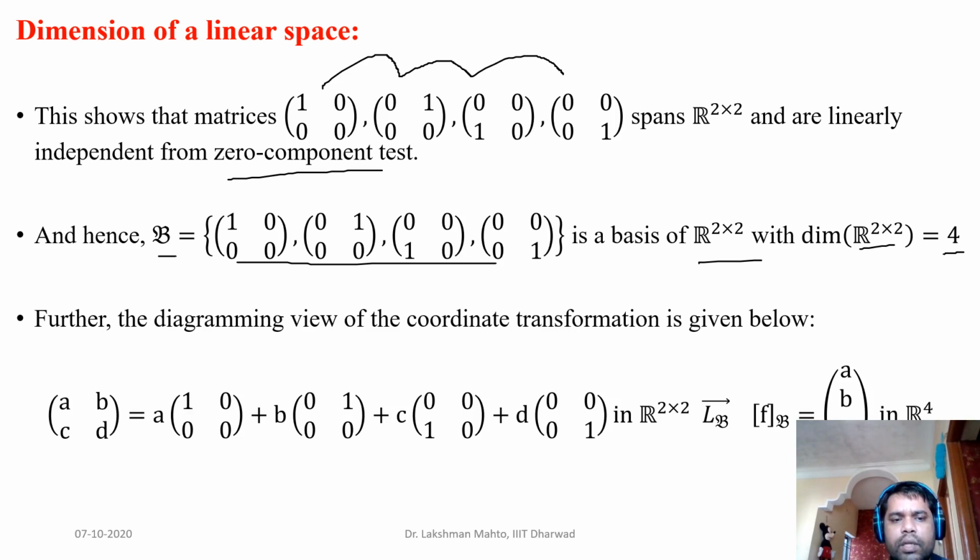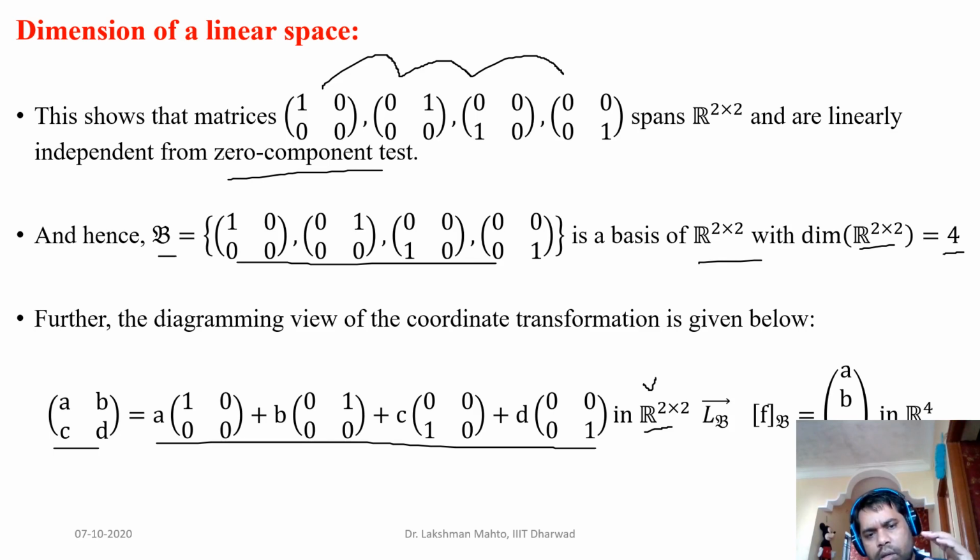Now I had also given a diagrammatic view. That means you take any general element and always put it as a linear combination of a fixed number of vectors from the given linear space V, and after that you find the coefficients of all those special elements.